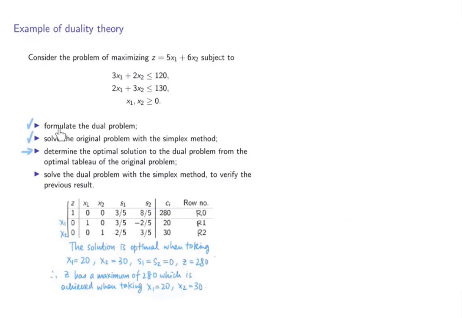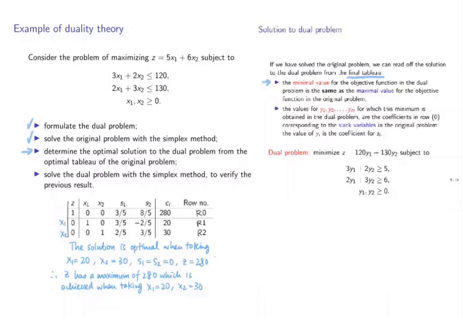We have already formulated the dual problem, and we have just solved the original problem by using the simplex method. Now, we would like to determine the optimal solution to the dual problem from the optimal tableau of the original problem. If we refer to this fact, the minimum value of the objective function in the dual problem is the same as the maximum value of the objective function in the original problem.